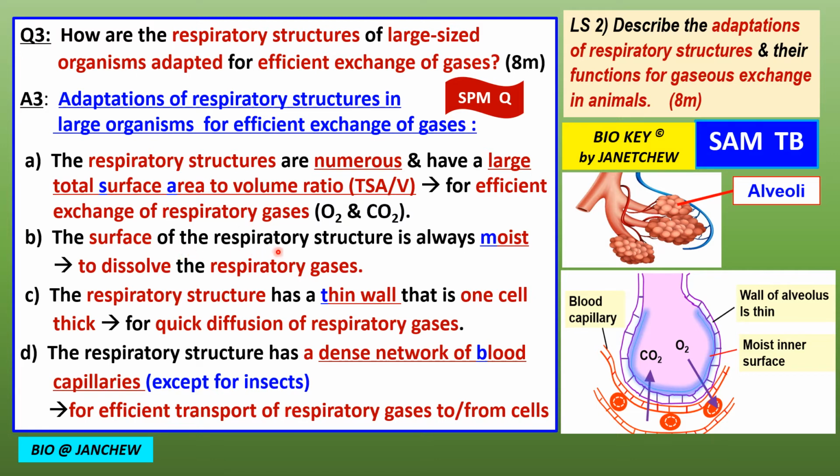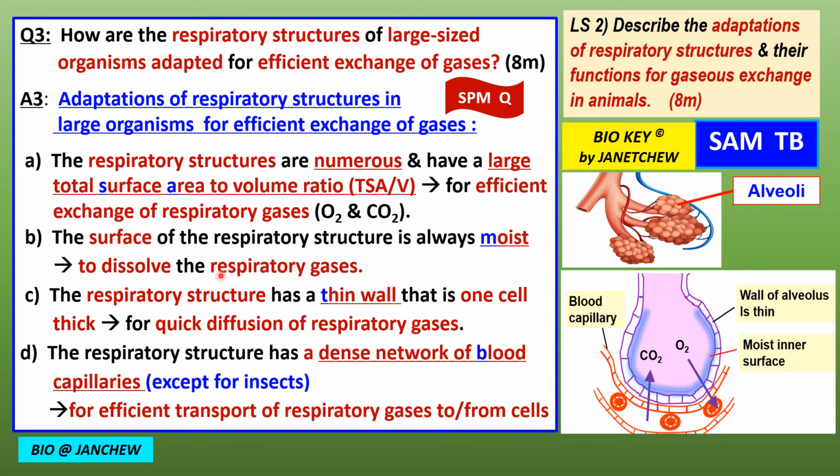Secondly, the surface of the respiratory structure is always moist. As you can see here, there's a thin layer of moisture on the inner surface of the alveolus to dissolve the respiratory gases. For example, oxygen has to dissolve in this layer of moisture first before it can diffuse into the blood capillaries.